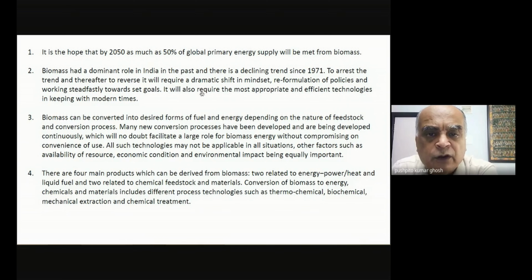It will also require the most appropriate and efficient technologies in keeping with modern times. So some things will be the same, but not quite the same. After all, knowledge has progressed, technologies have progressed. So you may increase the use of biomass, but how you actually utilize it and what technologies you deploy could be different. And that is how science and technology moves forward.